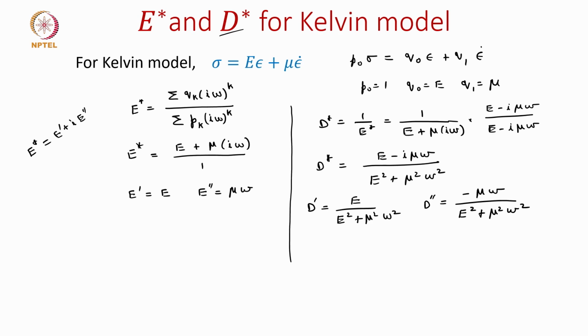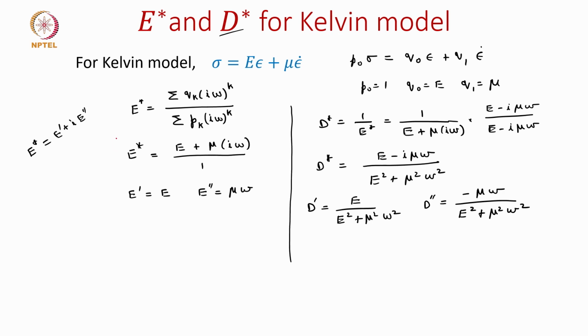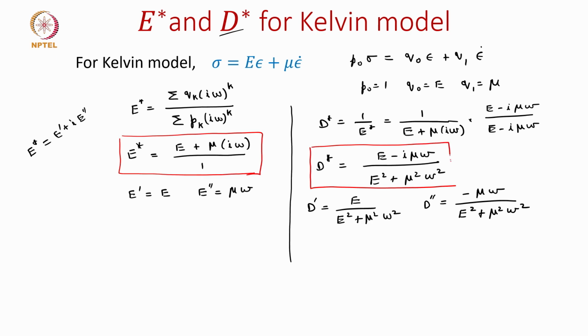So mind you, here in this slide we have shown that both the E star and D star are functions of omega, meaning E star is a function of omega as well as D star is a function of omega.